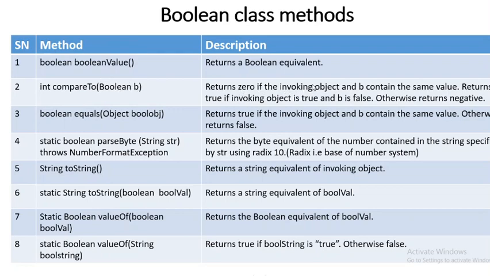It returns 0 if the invoking object and b contain the same value. It returns a positive value if the invoking object is true and b is false, otherwise it returns a negative value.